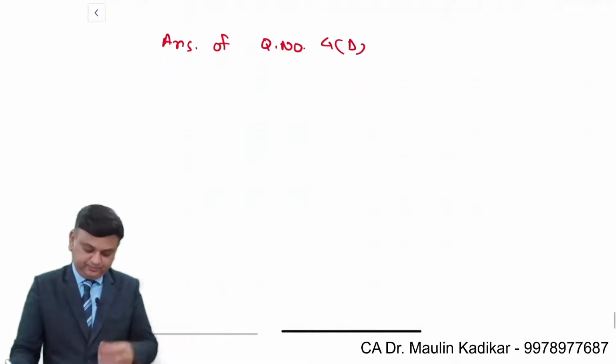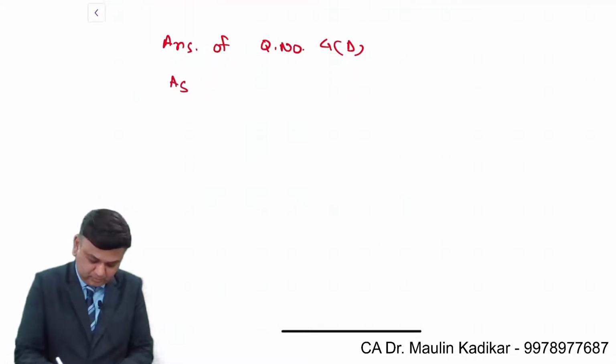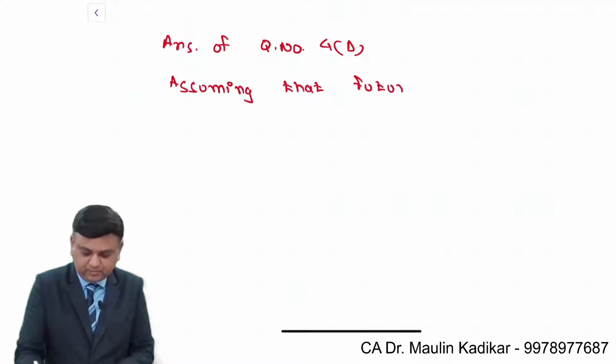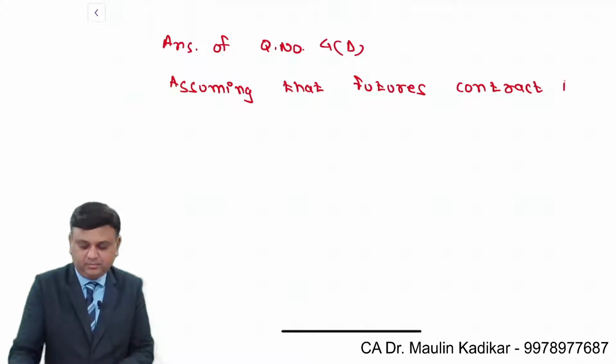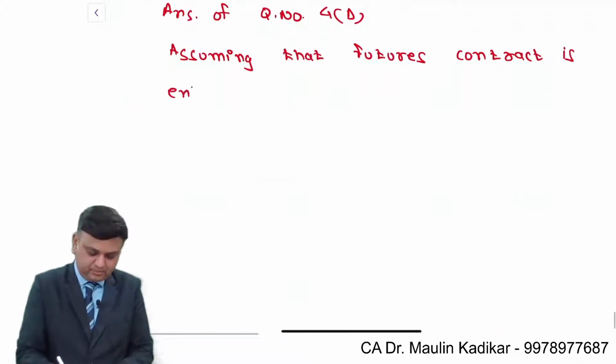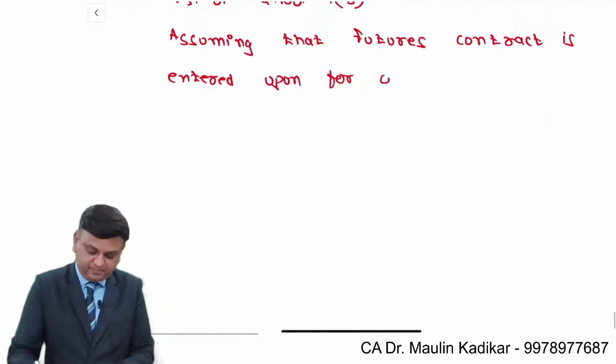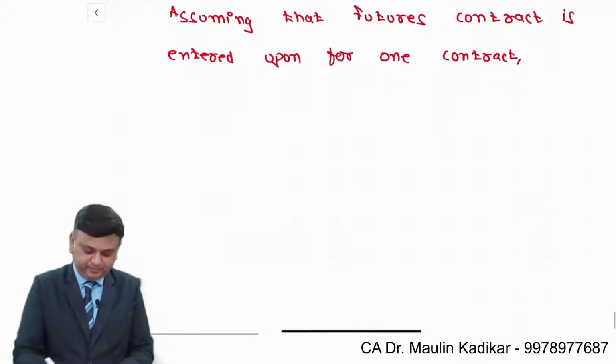In that, write down: assuming that futures contract is entered upon for one contract, comma, answer is calculated.